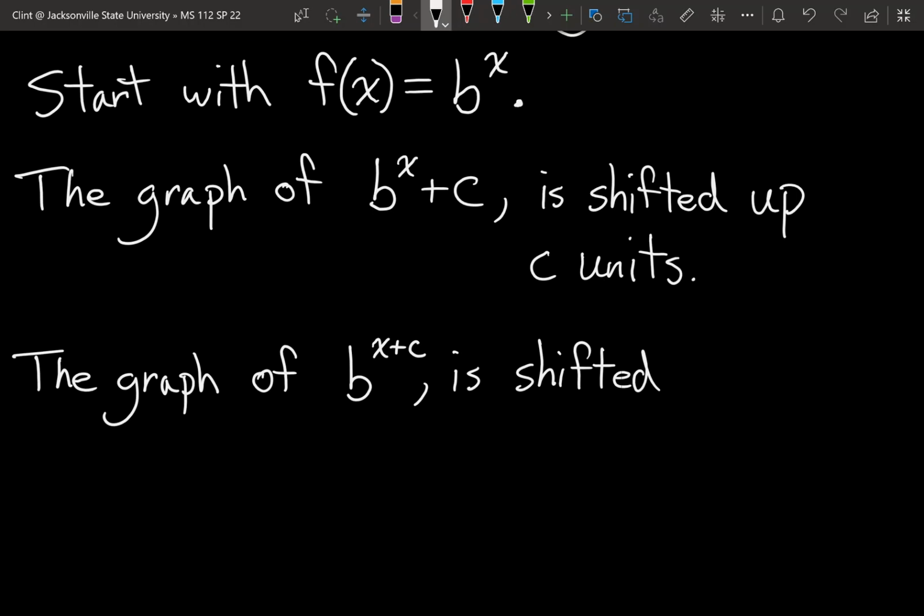Since we're calling it plus c, it'd be a shift to the left. If it was minus c, that'd be a shift to the right. Those are what our vertical and horizontal shifts look like.